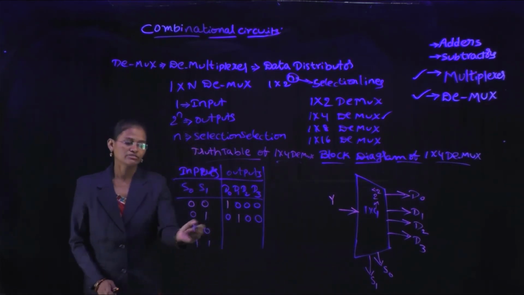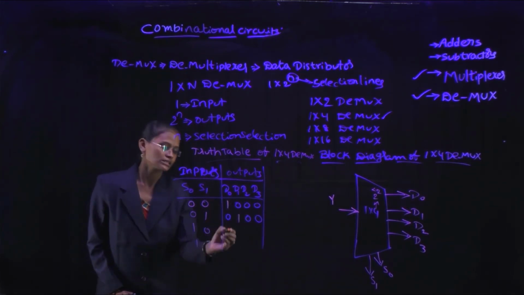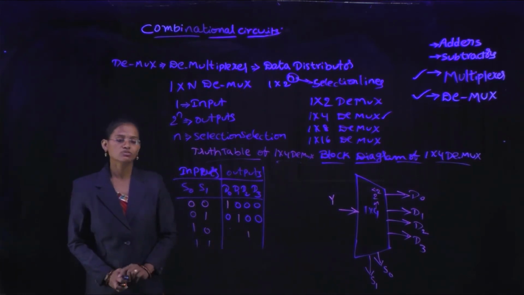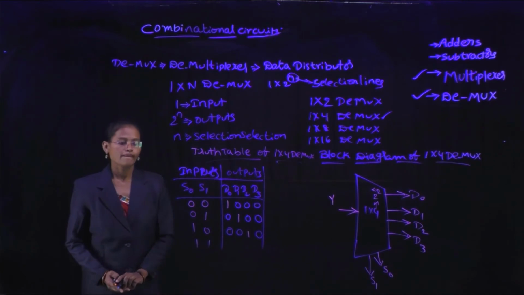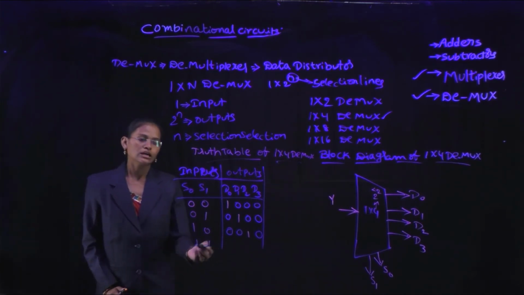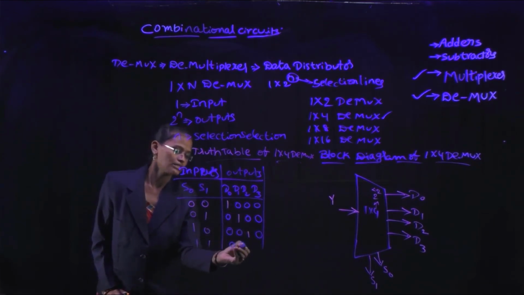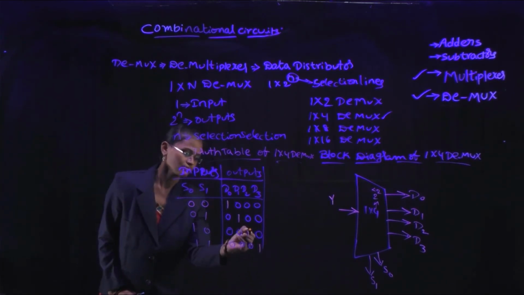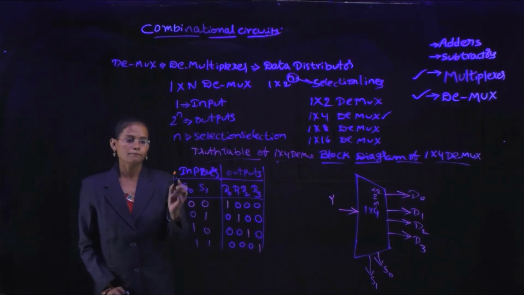And next 1 0 is input to the demux and produces D2 as 1 and the remaining are all zeros. And next 1 1 is input to the demux and the output D3 is 1. Okay, this is the truth table for demux.